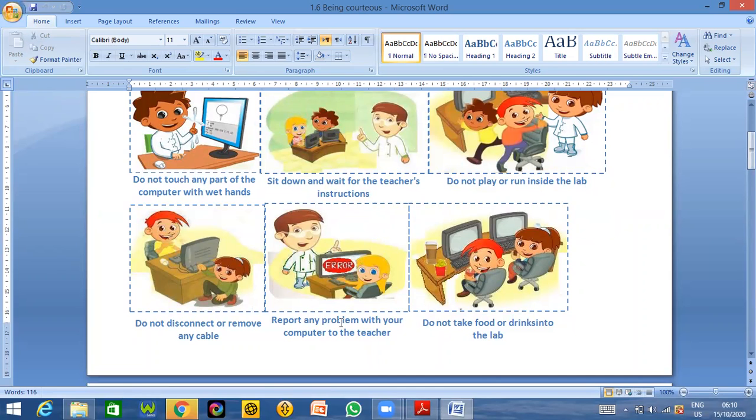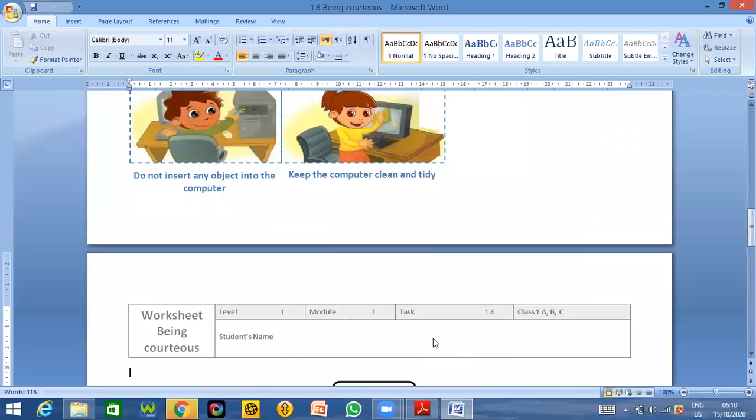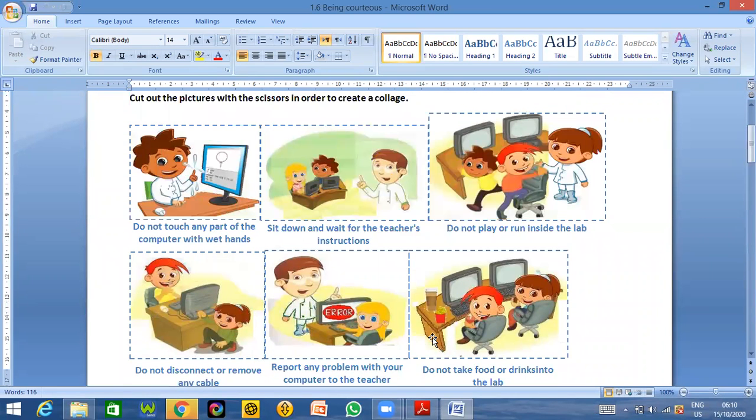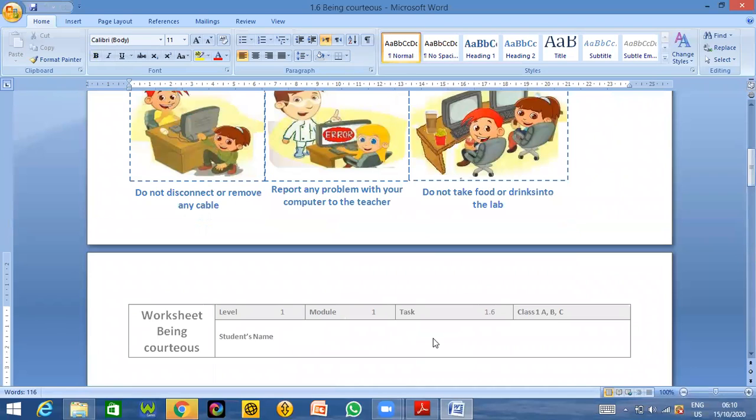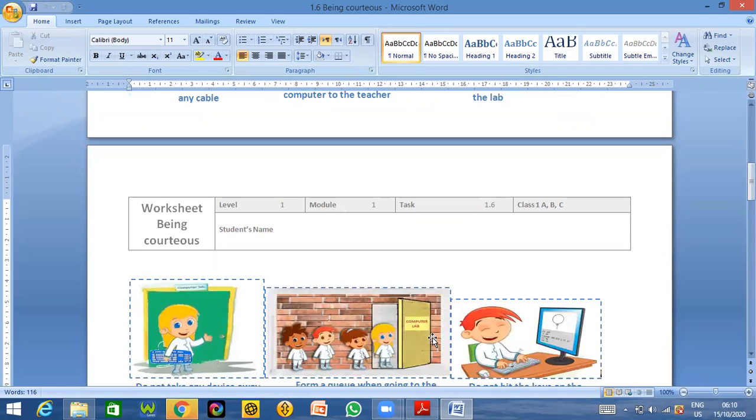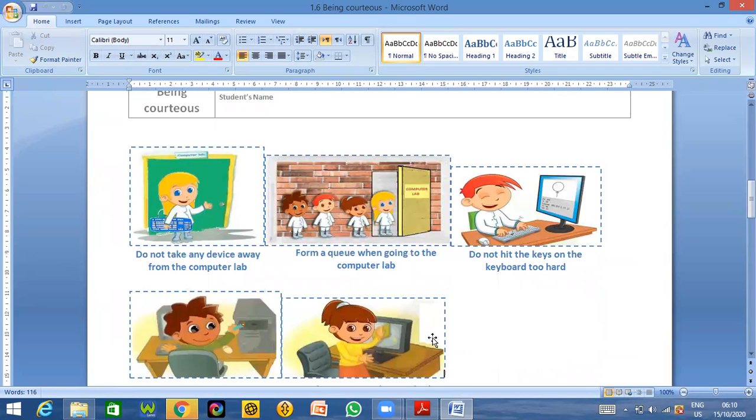Do not take food or drinks into the computer lab. While you are eating, you should not go to the computer lab because we should not eat near the computer. Next one.